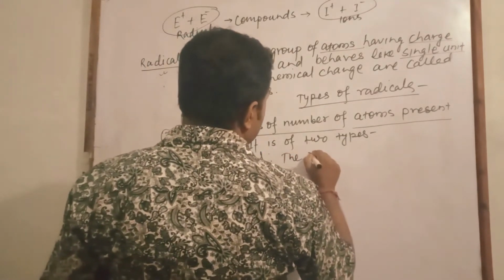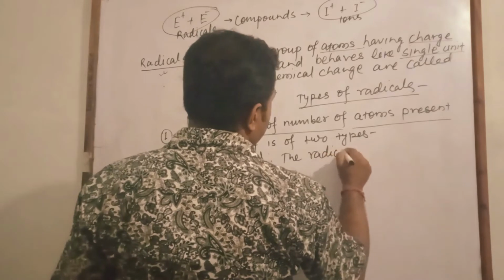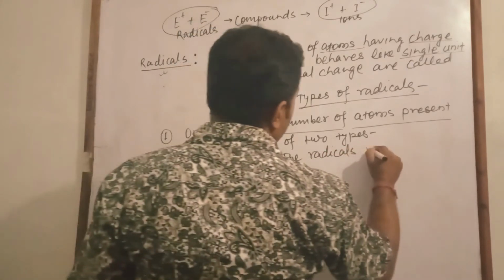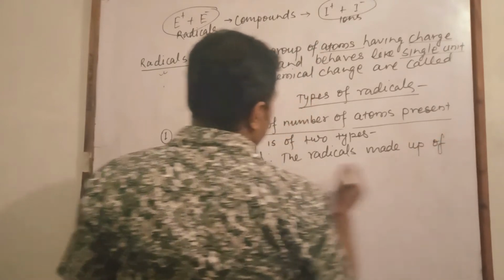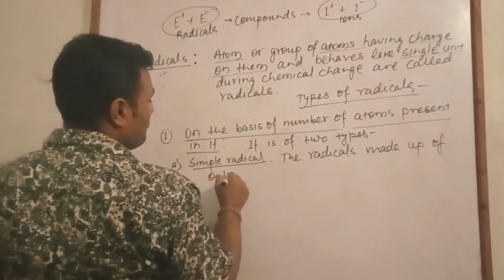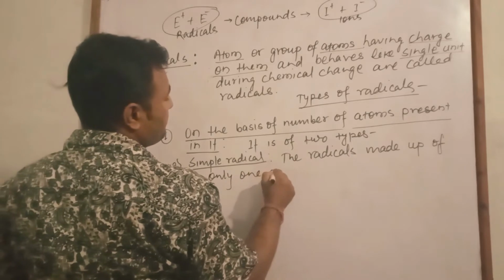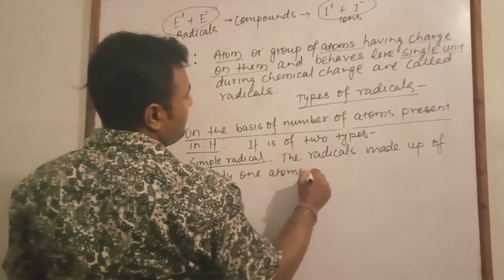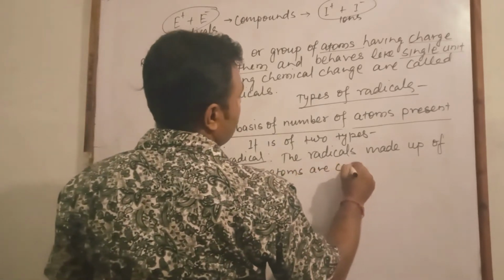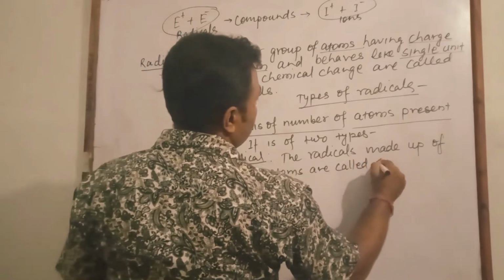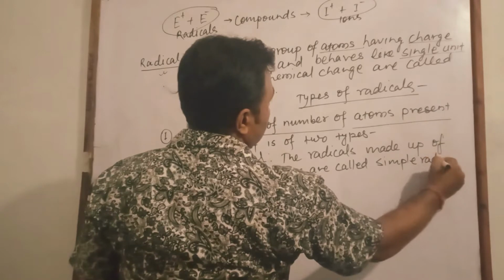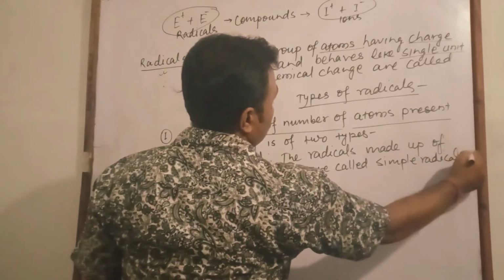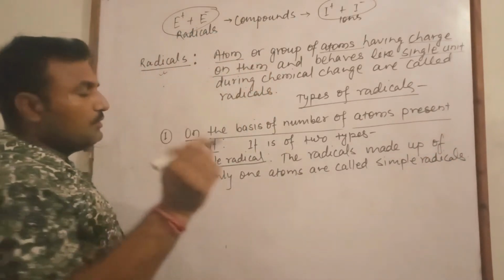Here write: the radicals made up of only one atom are called simple radicals. A simple radical contains only one atom.